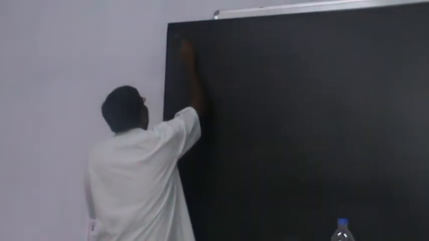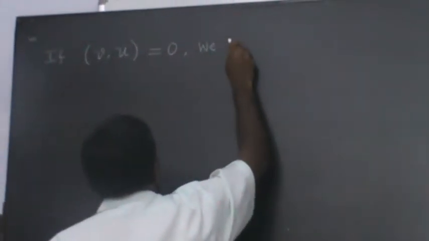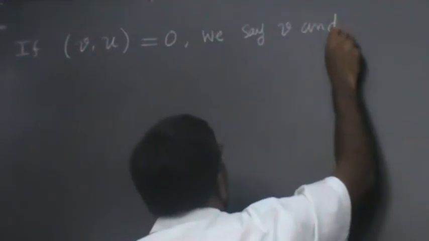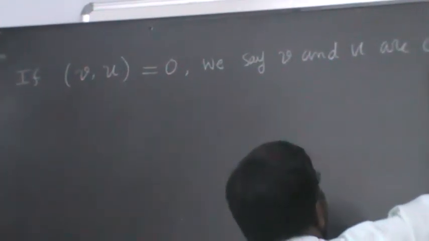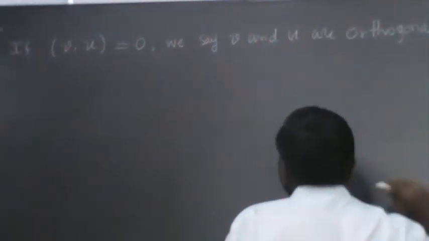If the inner product of V comma U is equal to 0, then we say V and U are orthogonal. Two elements of a vector space are said to be orthogonal if their inner product is 0. But as I told you, the inner product can be defined according to your convenience.